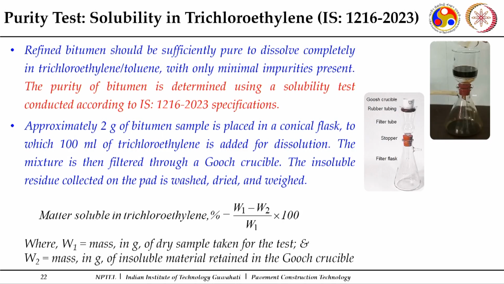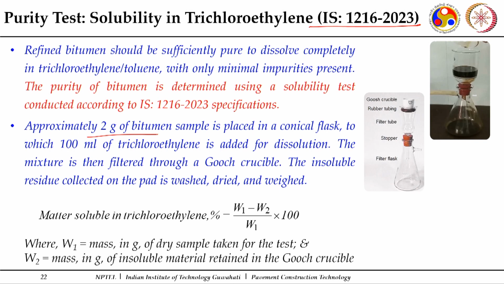But if, for any reason, during transportation or production certain impurities are introduced in it, we can ensure that by dissolving these binders in these standard solvents, and there is a standard process as per IS 1216.